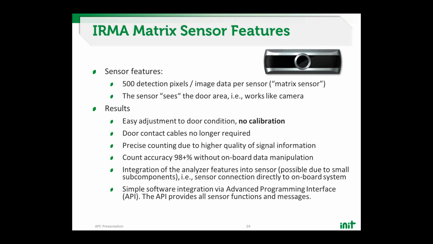There's no calibration. There are no door contacts required anymore, because the sensor is connected through Ethernet. The onboard computer already knows when the door is open, so it triggers the sensors through Ethernet and says, now you are active, and when the door is closed, that is basically the starting point to collect the data.